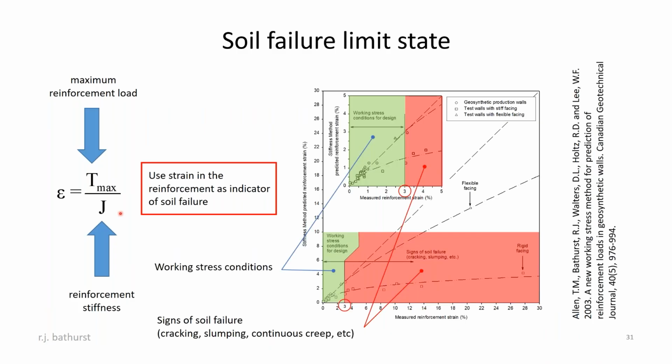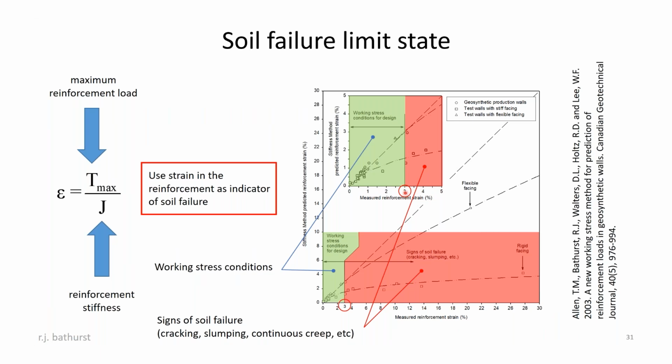And from observation of walls that have behaved badly and those that have behaved well, we found that if we kept the strains in the reinforcement less than about 3%, then we did not see indications of soil failure, cracking, slumping, continuous creep of the wall, this type of thing.